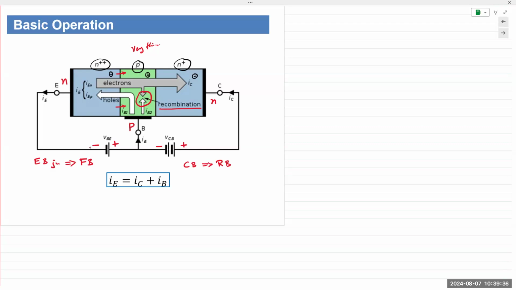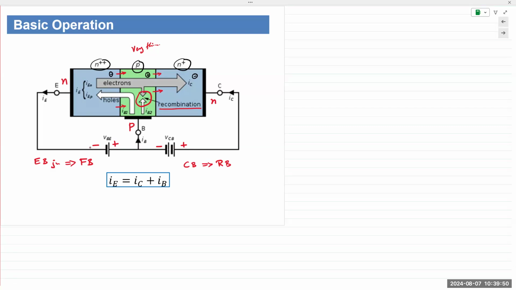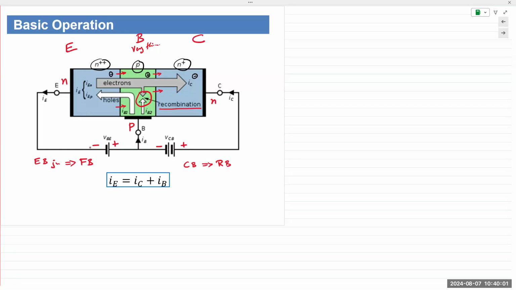There are not enough holes for the charge carriers to recombine. Plus, the base region is very thin. So when you reverse bias this, a lot of the electrons have sufficient energy to not go into the base, but flow into the collector region. This is the emitter. This is the base. This is the collector. So again, a huge number of electrons cross over into the base region because the base region is very thin.